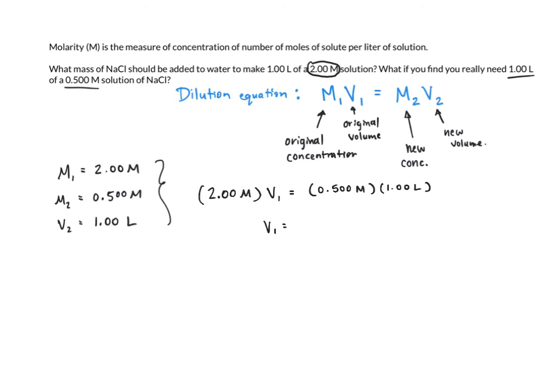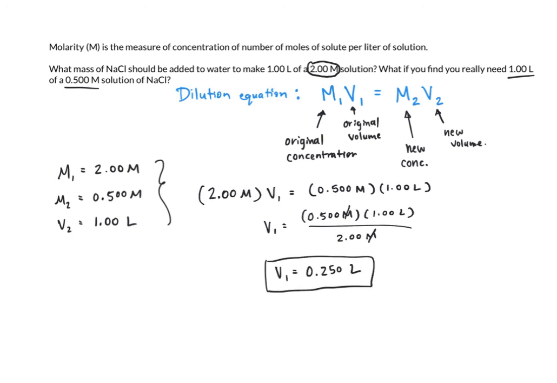To solve for this original volume, we're going to need to divide both sides by 2. When we do, units of molarity cancel, and we'll be left with 0.250 liters.